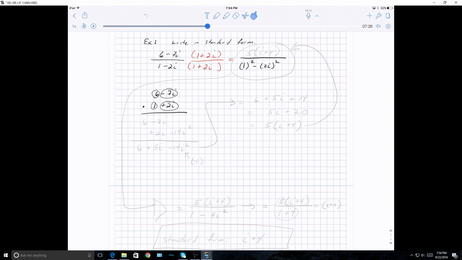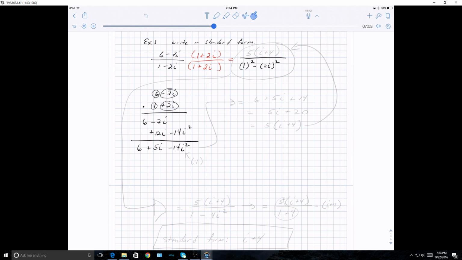Let's multiply. So that's 6 minus 7i plus 12i minus 14. So this looks like it's 6 plus 5i minus 14. Oh, sorry, minus 14i squared. Almost lost that there for a second.